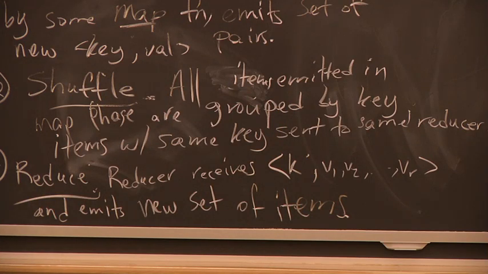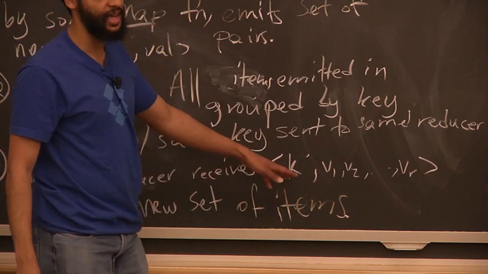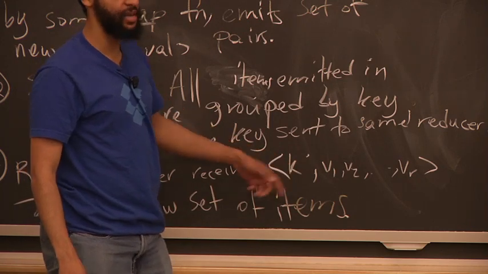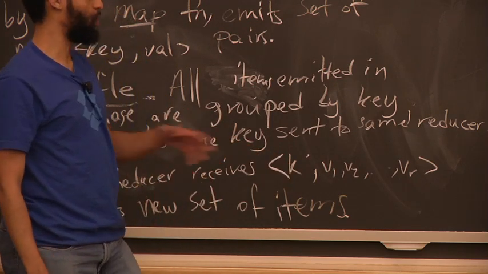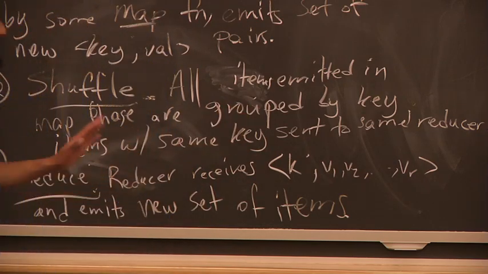Technically, in the system, the items that it spits out should have the same key as the items in the list that came into it. But in one extra round, you can just use the mapper to change the keys. So let's just pretend that it can emit different keys as well. Okay, questions? Any questions?